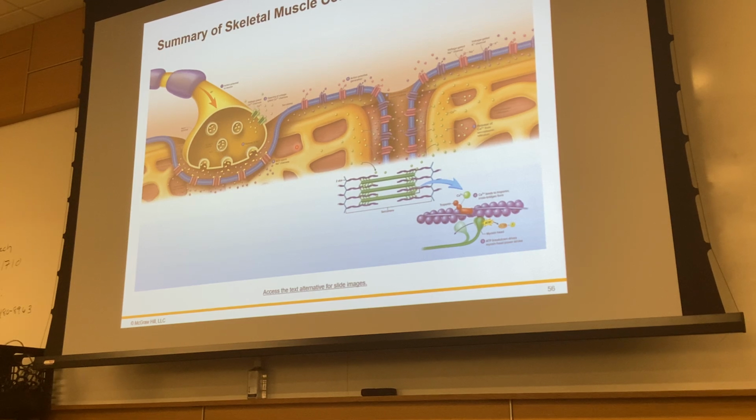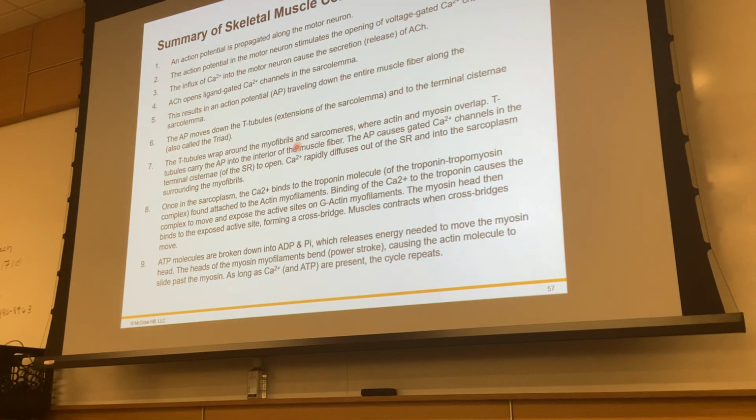So this is a summary of a skeletal muscle contraction here. If you look at all the details right here, these are 9 steps. In the lower right-hand corner, I'm on slide 57 from today. If you look at all of what we talked about yesterday, we're still talking about what we're talking about today, right? There's some details that are definitely more specific. What are some of the things that we talked about yesterday here?